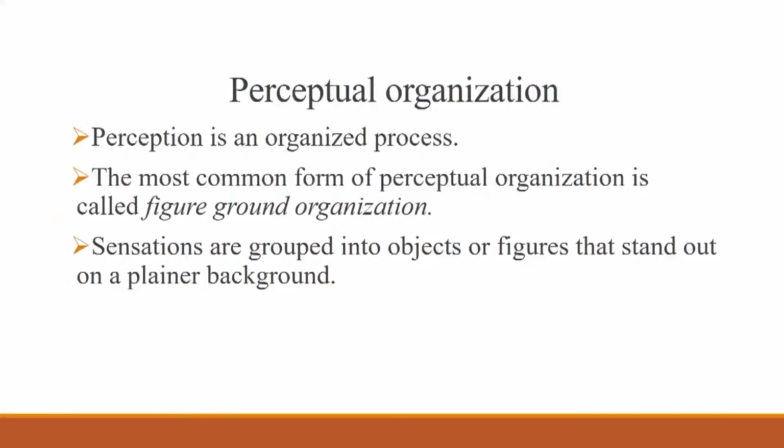So let us talk about perceptual organization. Perception is basically an organized process, and the most common form of perceptual organization is figure ground organization. Sensations are grouped into objects or figures that stand on a planar background. The basic thing which we perceive first is what is the figure and what is the background.